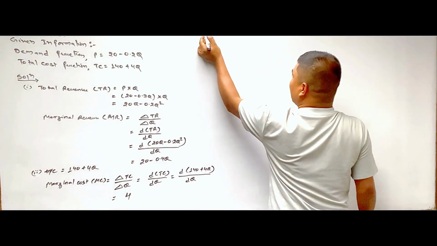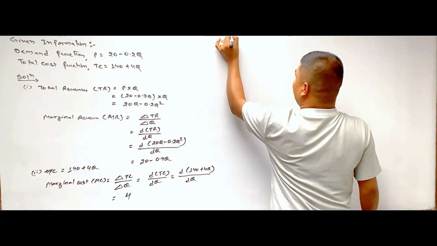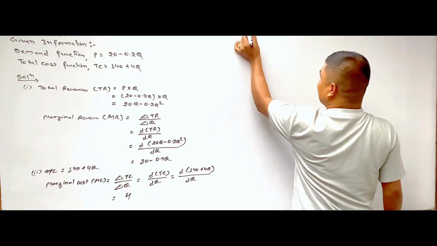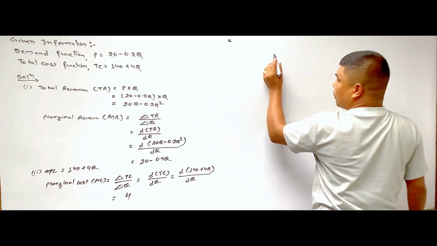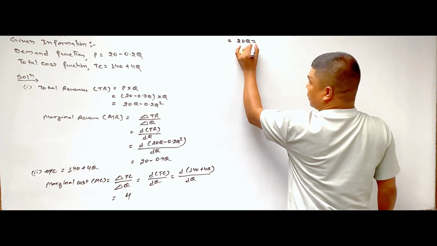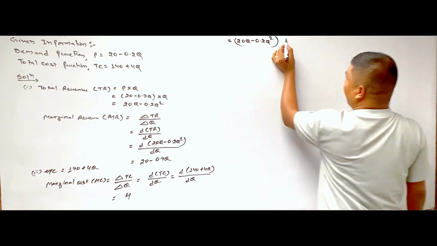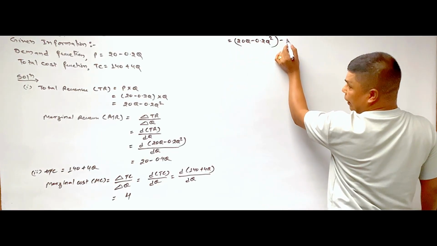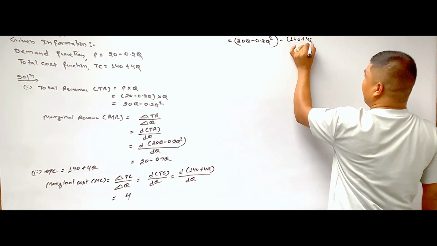Third, we calculate profit. Profit, denoted by pi, is total revenue minus total cost. The total revenue function is 20Q minus 0.2Q square, minus total cost, which is 140 plus 4Q.